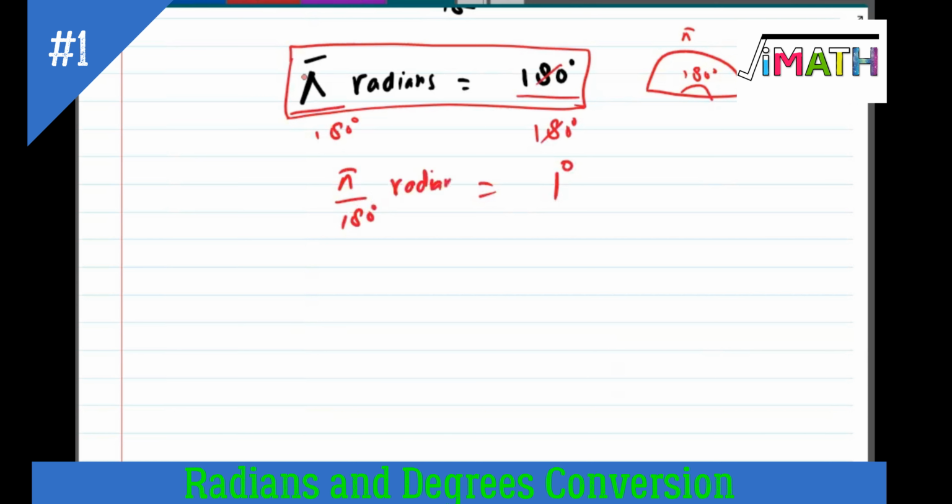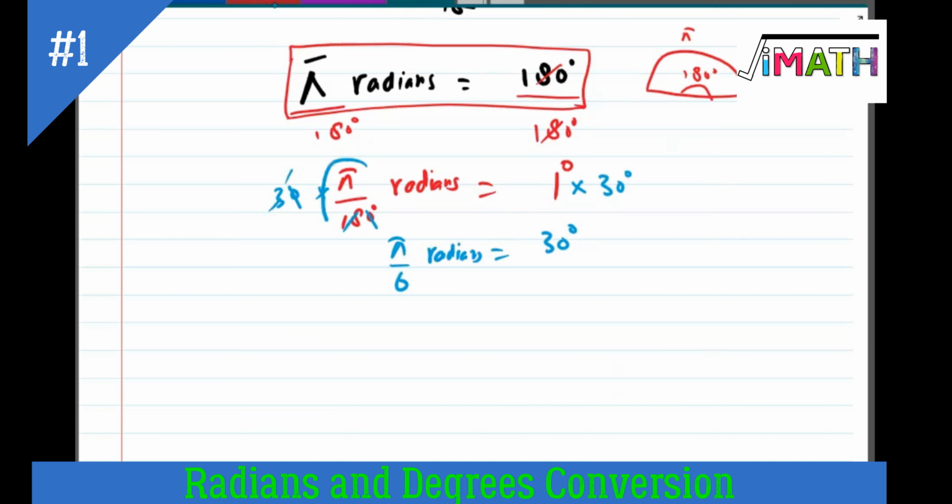And now let's say you want to convert 30 degrees. So you multiply 1 degree by 30, and the right side by 30 too. So it becomes 30 degrees, and this is the same formula that I told you, that becomes pi by 6 radians.